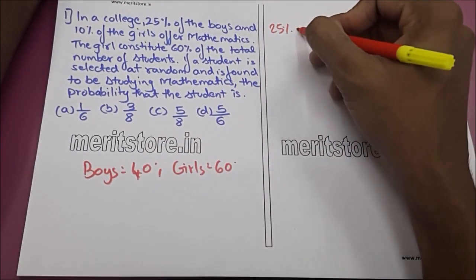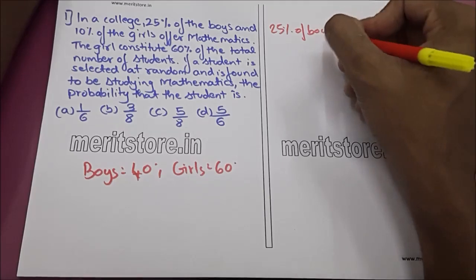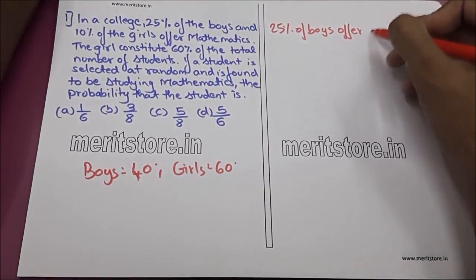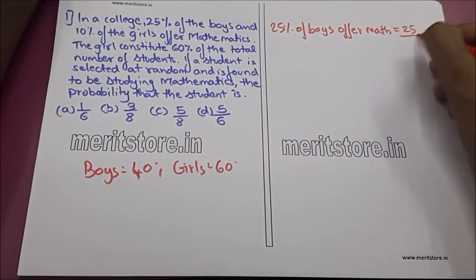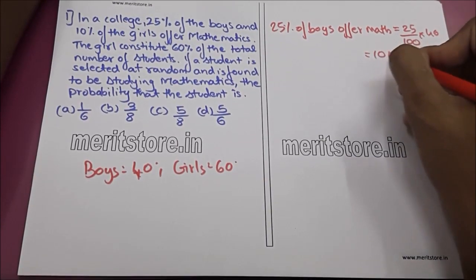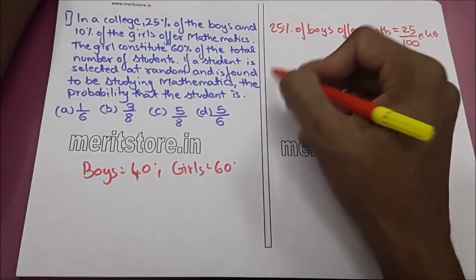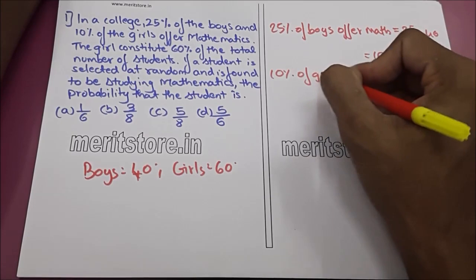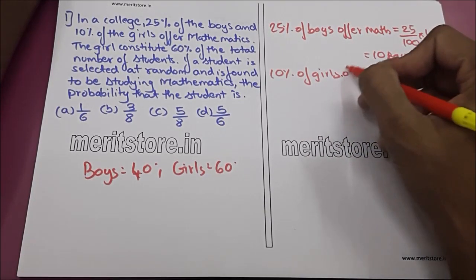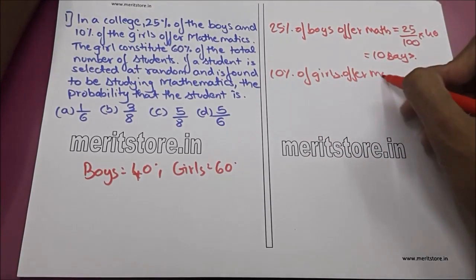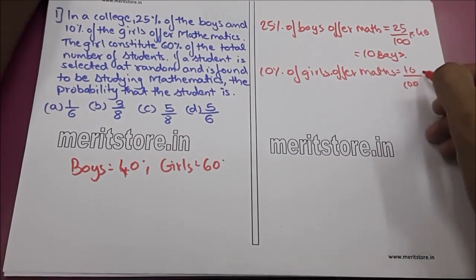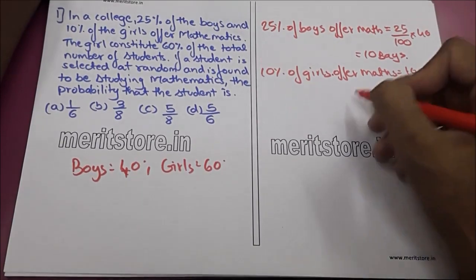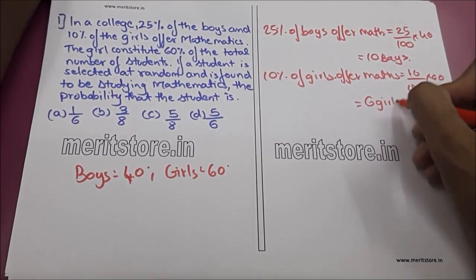So 25% of boys offer maths, that is equal to 25 by 100 into 40, which we get as 10 boys, and 10% of girls offer maths, that is equal to 10 upon 100 into 60, which we get as 6 girls.